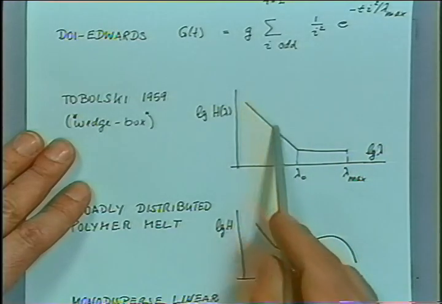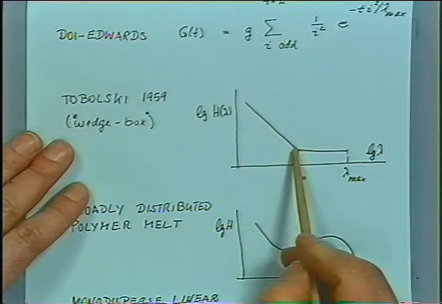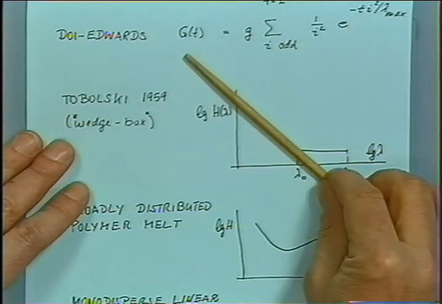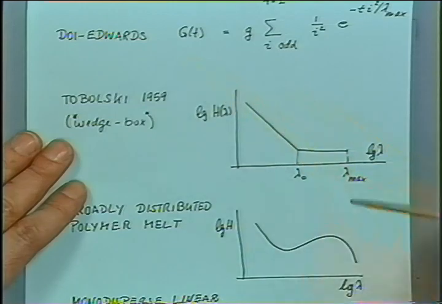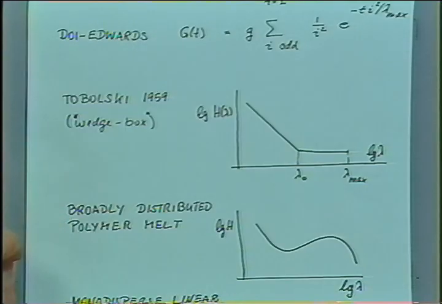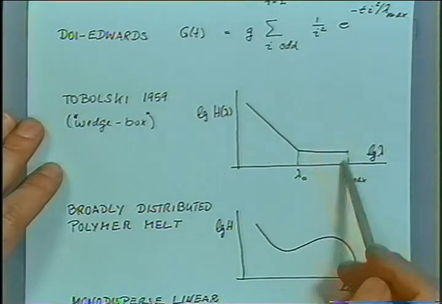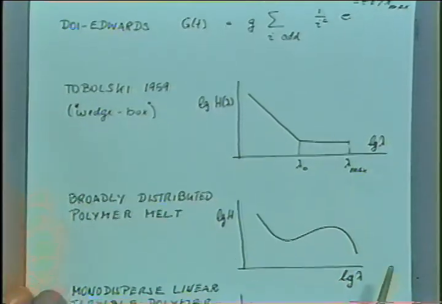Now, the glassy behavior, the transition to the glass, is described very well by that type of scaling behavior. And I think that's a great success of the Tobolsky model. However, this box is not appropriate for describing the polymer melt in the entangled region. It required some modification. In fact, we did some work. I will describe this in a moment.